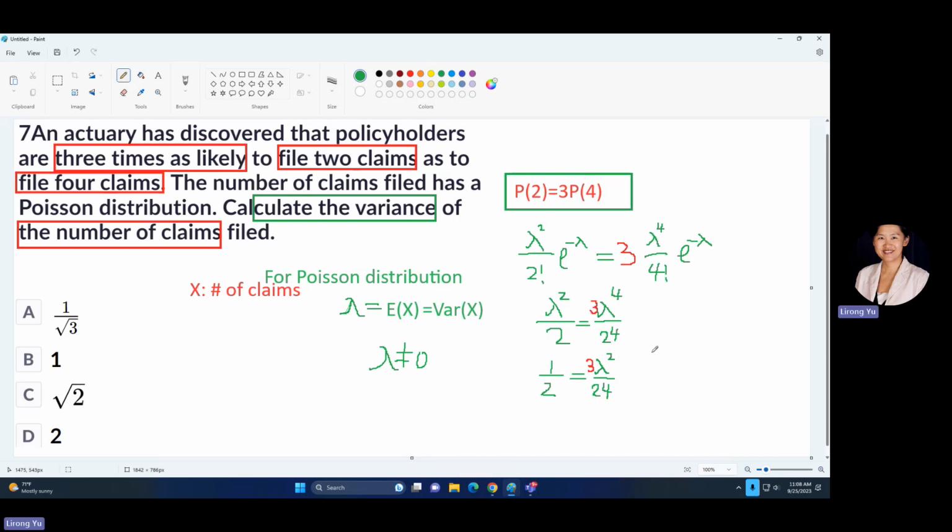Now we were able to solve for lambda. It's a positive lambda.